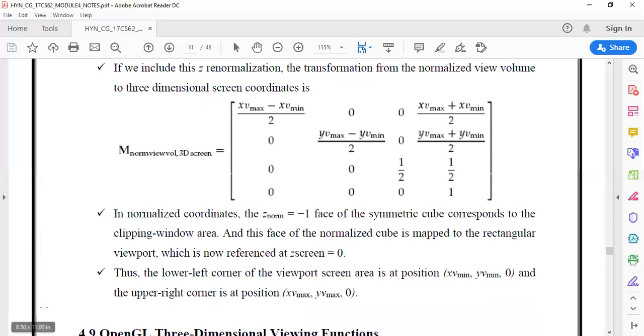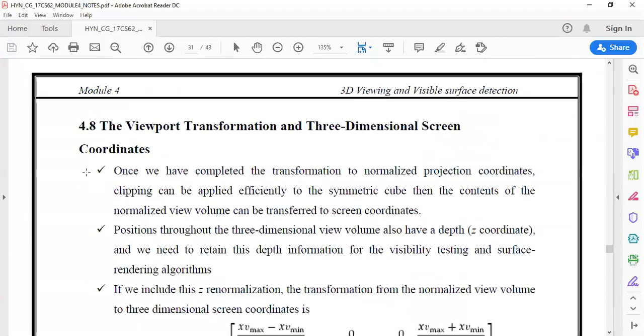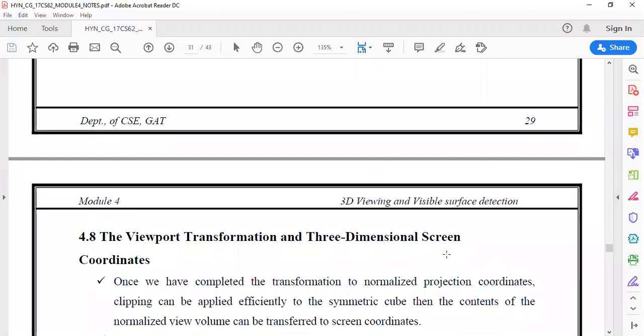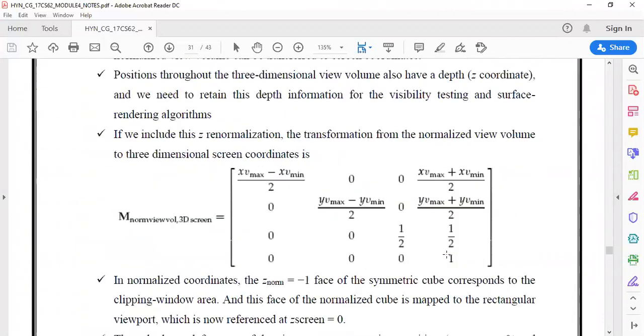In my screen coordinate, it is only 2 dimensions, so the lower left corner is x viewport min, y viewport min, comma 0, the z axis is 0 here, and the right corner will be x v max, y v max, comma 0. This is how I can convert the transformation we have done to the viewport. So viewport is nothing but screen coordinates.